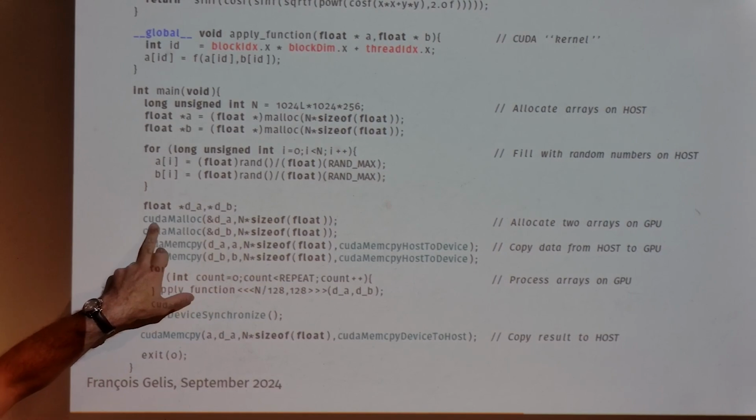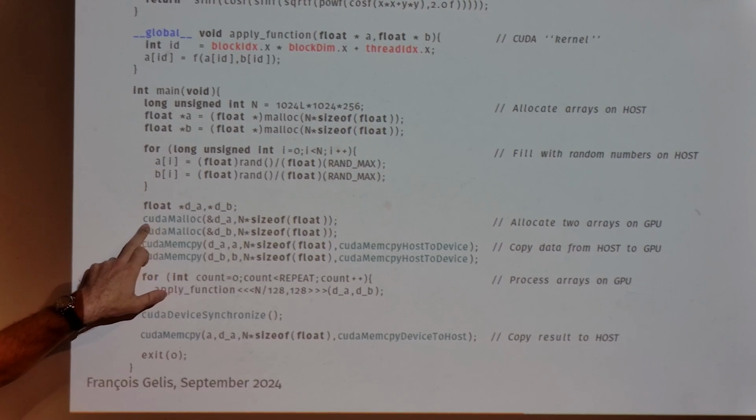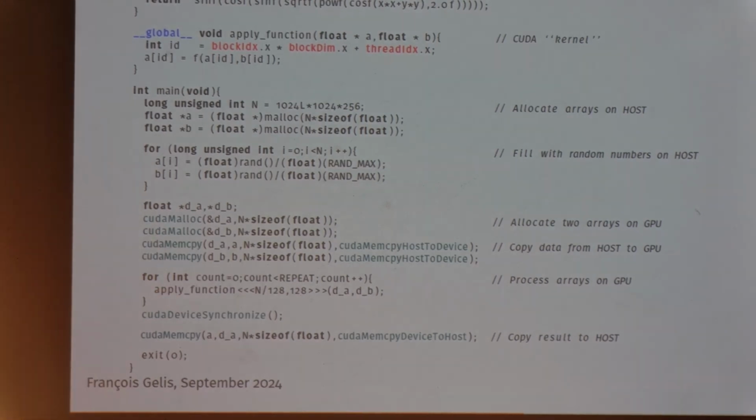So the function that does that is not called malloc, but CUDA malloc. So you will see very quickly that all functions that are from the CUDA library, their name starts with CUDA something. I think all of them.